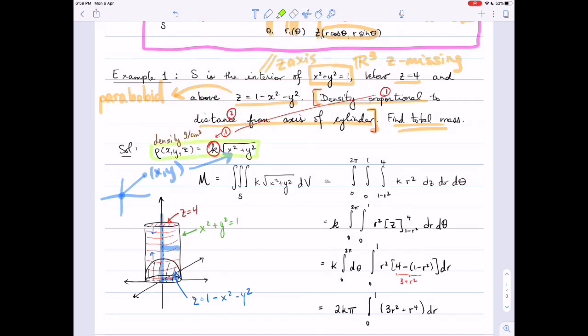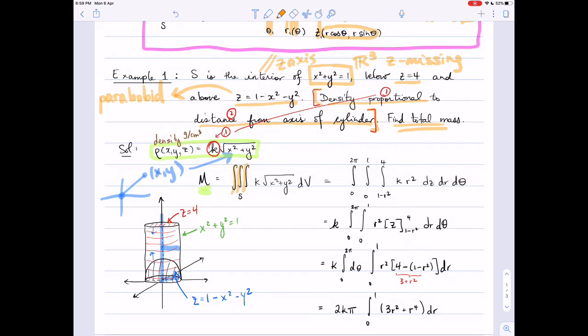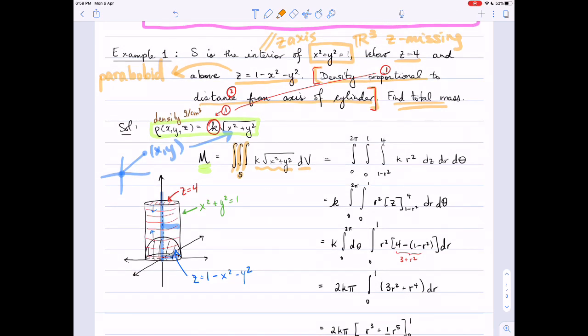And so we know that the mass of an object is the triple integral of the density dV over the solid S. So it is enough to just set up the bounds of this integral and to integrate.